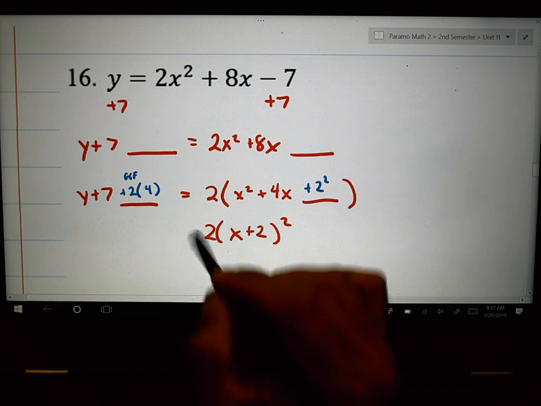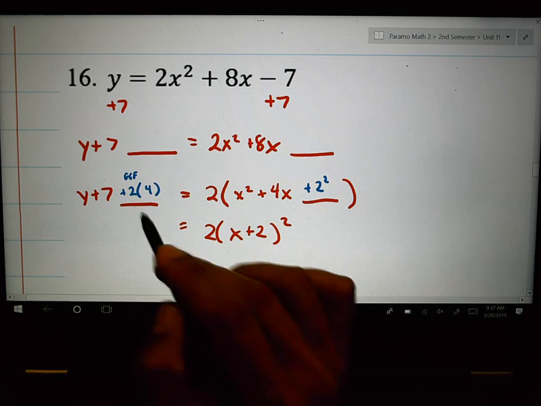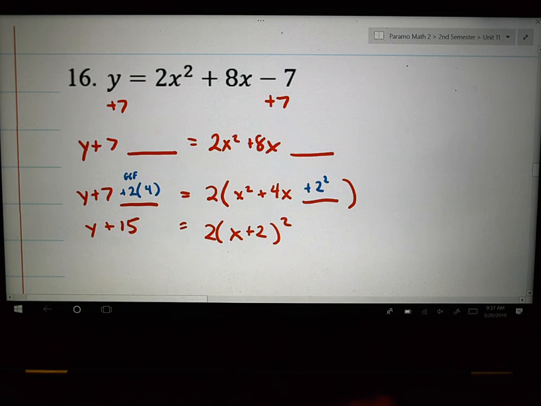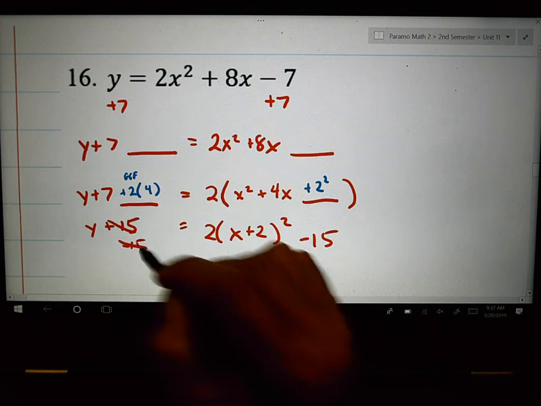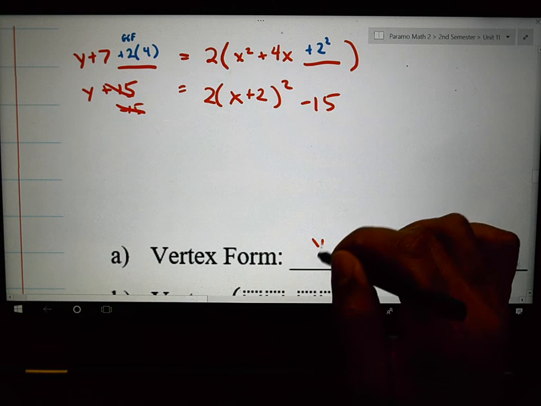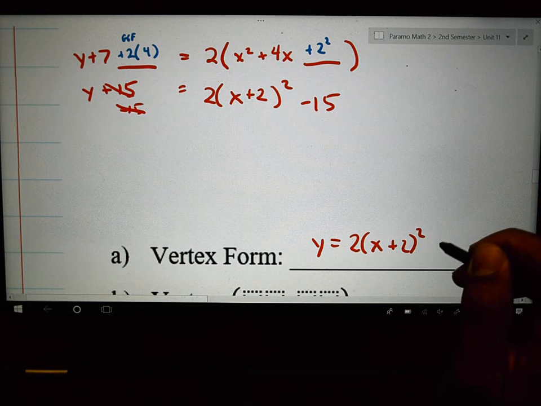On this other side, we have to go 7 plus 8. 7 plus 8 is y plus 15. And then we move it over. So now I know what my vertex form is. 2 parentheses x plus 2 squared minus 15.